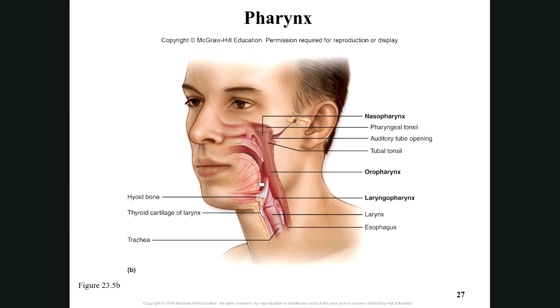And then we have the laryngopharynx. Here we have the larynx. This is the trachea, and this is the esophagus. Here you can see the hyoid bone, and the hyoid bone shows you the level of the start of your laryngopharynx, which continues to this part.